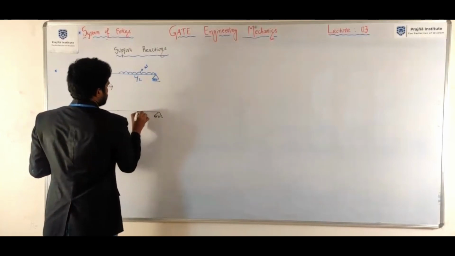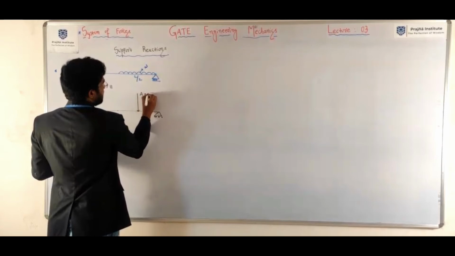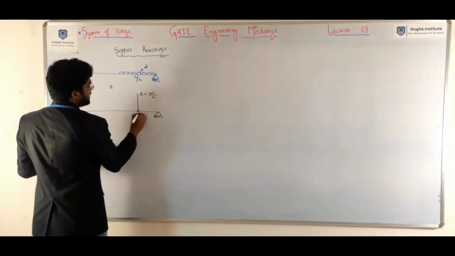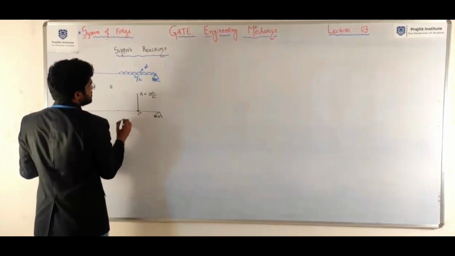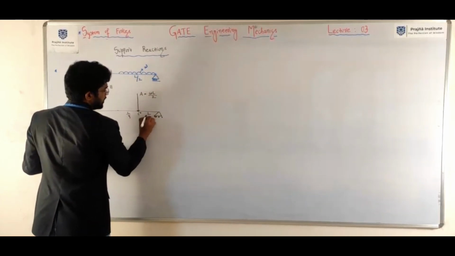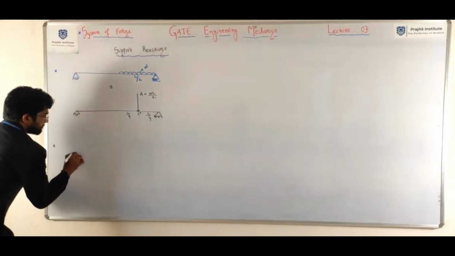Here the total area is W into L by 2, placed at the centroid C star. C star will be at L by 4 and L by 4. Correct?